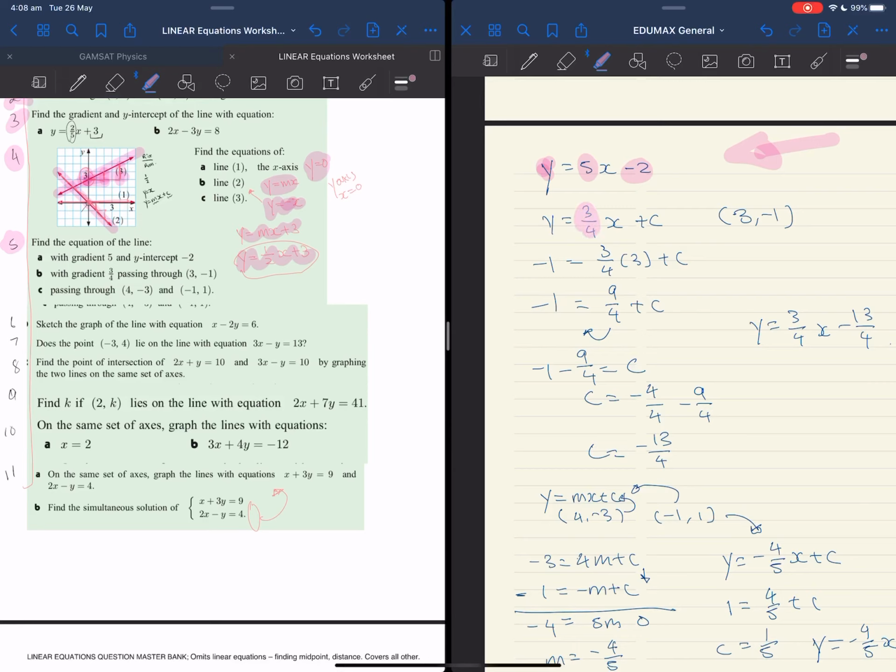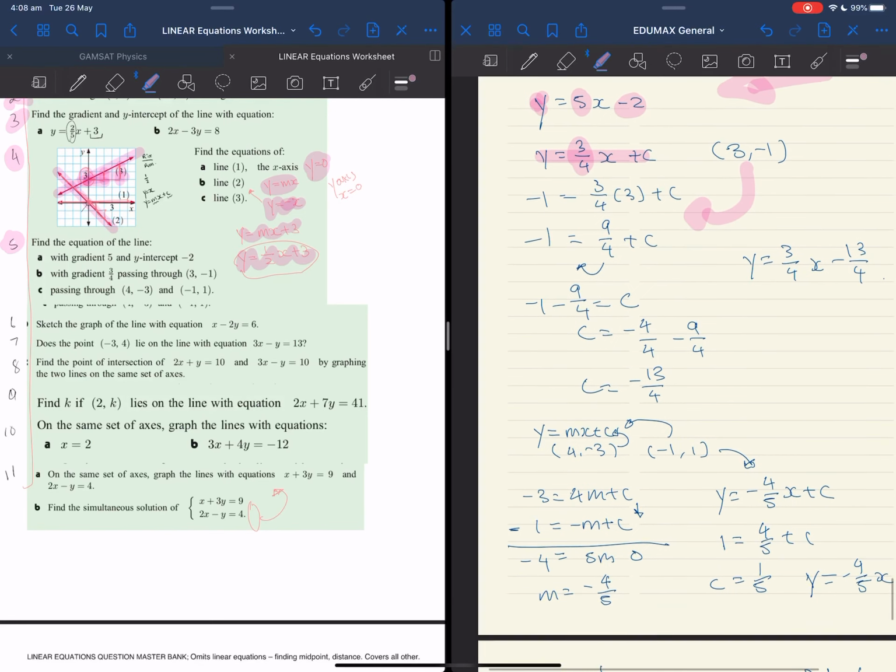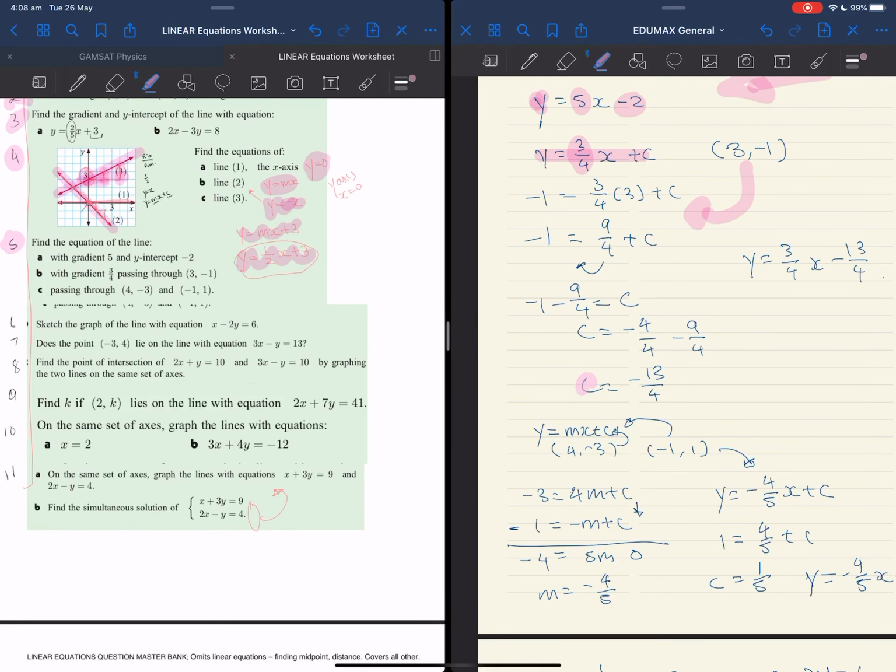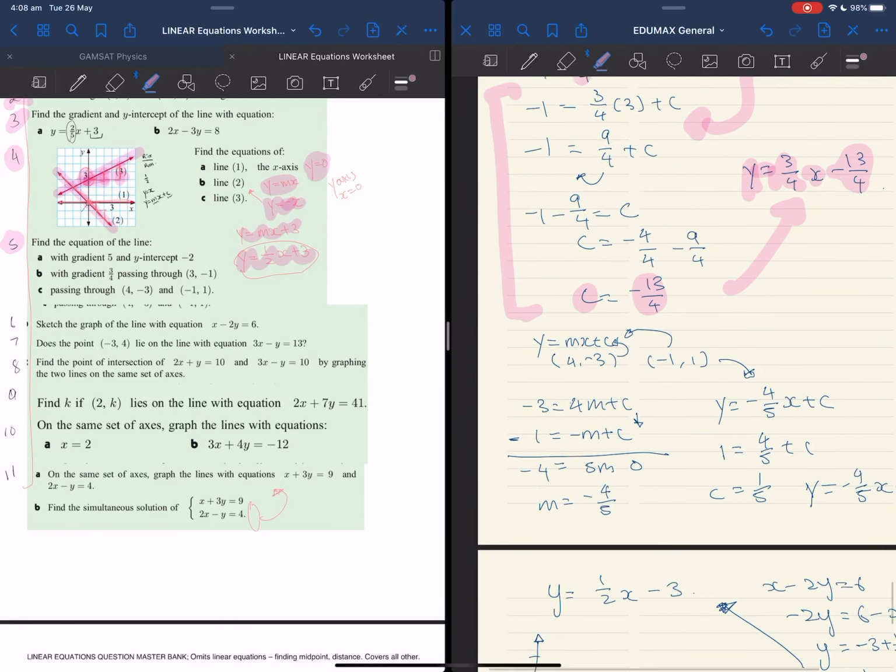If this is the gradient, we can just write it out like this: y is 3 over 4x plus c. Then we just get this point, which it says it passes through, substitute it in, and we solve for c. We found that c is equal to -13 over 4 after some algebra, right? And the equation you get finally is y is equal to 3 over 4x minus 13 over 4, which is what we solved in this process here.